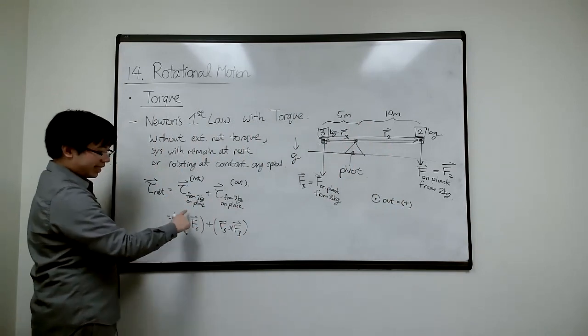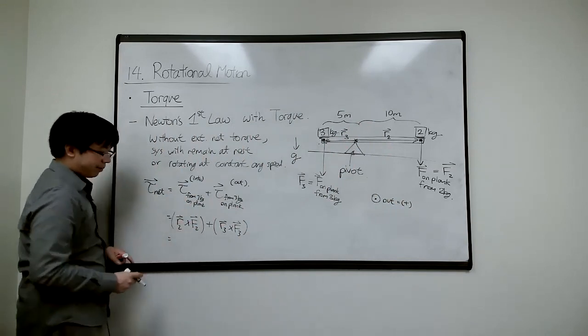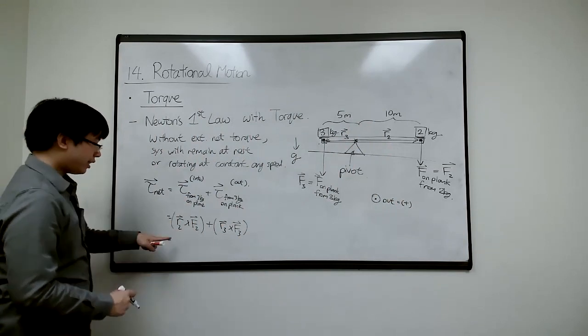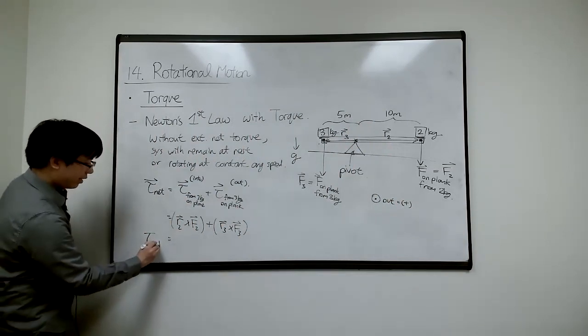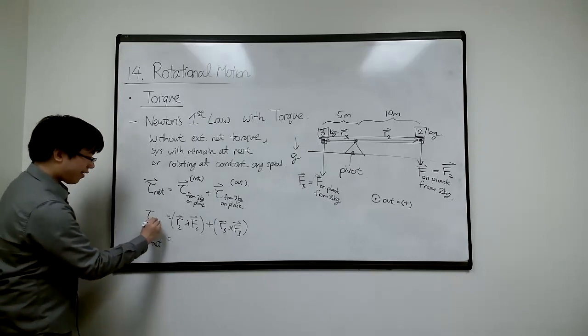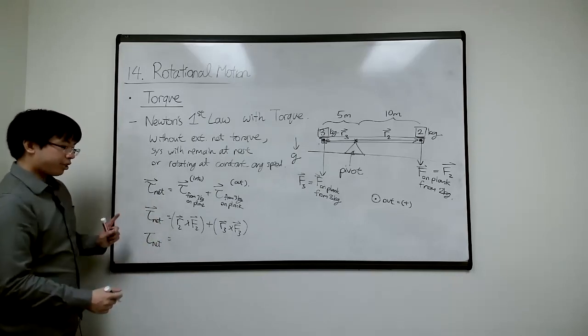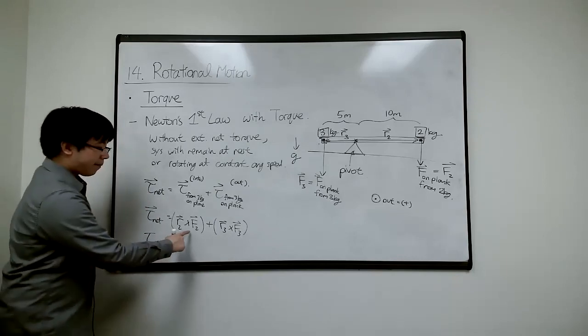I don't really need the full vector terminology, and I can just use the magnitude. So from this step to this step is still a vector, but from here to here, they're going to take the magnitude.